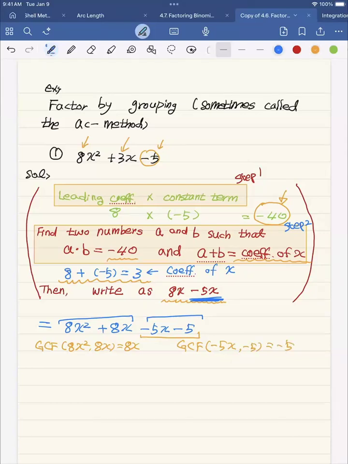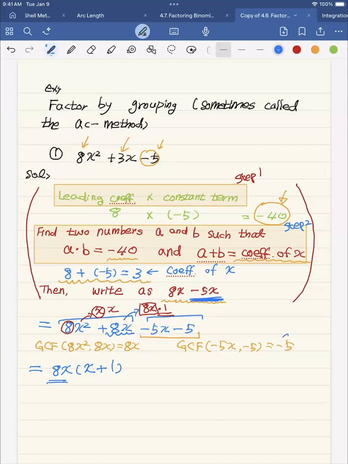So keeping this in mind, we will take out 8x in the first two, then x squared is x times x, and this x and 8 is taken out, so we will write x here, and 8x is taken out here, but that can be regarded as 8x times 1. This one is taken out, so we have to write this number here. So x plus 1.